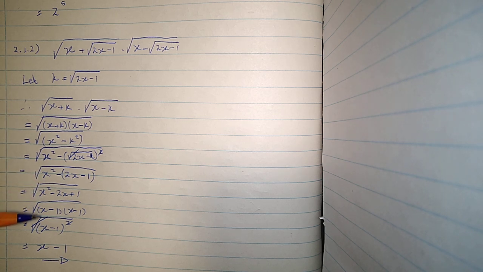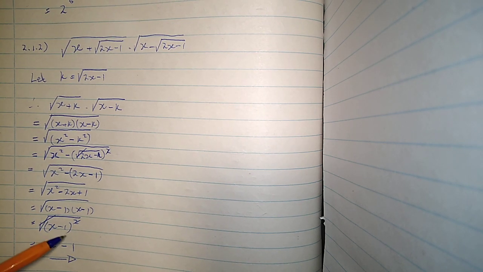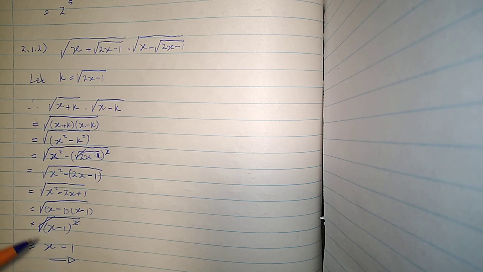The roots cancel out, you're left with x minus 1, and that's it. That's how you solve this question. Expand it, use factorization, the square and square root cancel out, then you get x minus 1.